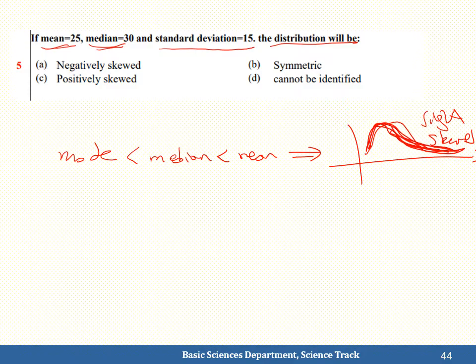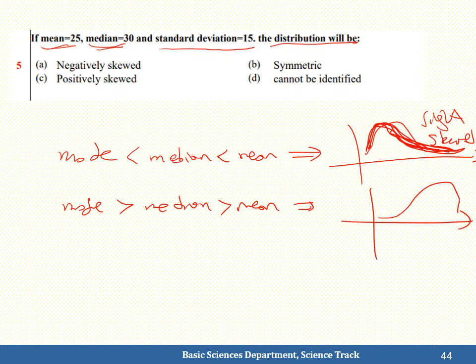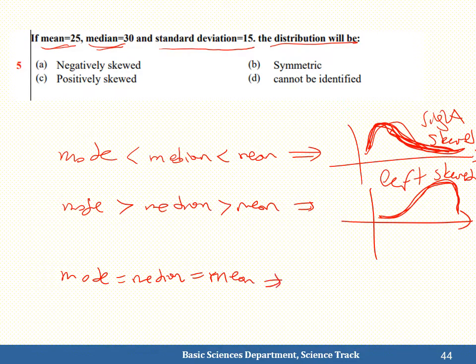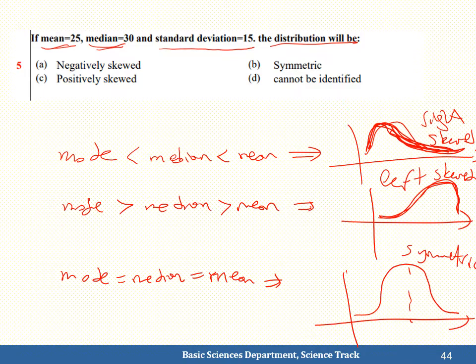But if the mode is bigger than the median, which is bigger than the mean, we have a left skewed distribution. And if they are equal to each other, most likely we have a symmetric distribution. These are the cases.